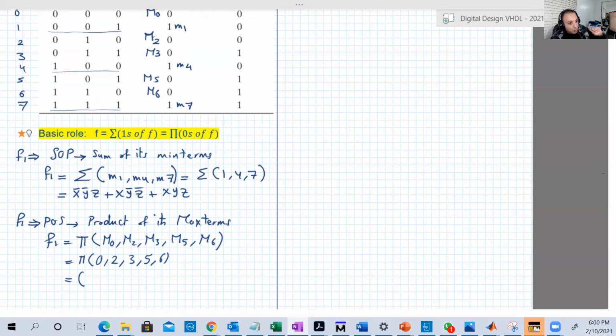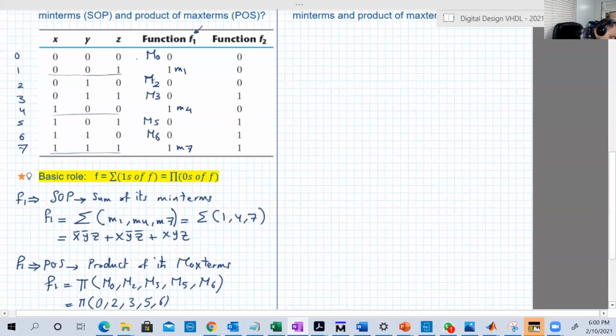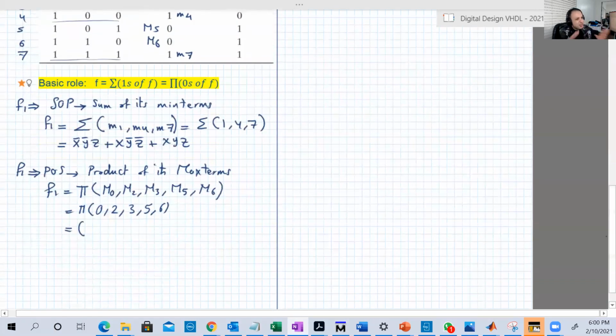If you find 1, then you take the complement. So, for example, M0 is a maxterm. This should be X or Y or Z, not X prime. So we do just the opposite of what we did with the minterm. So this should be X or Y or Z.